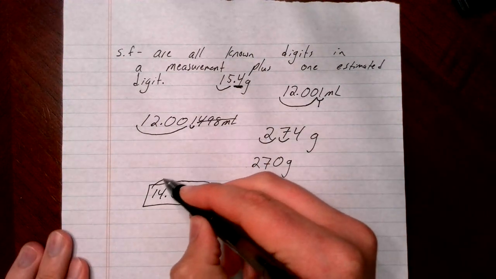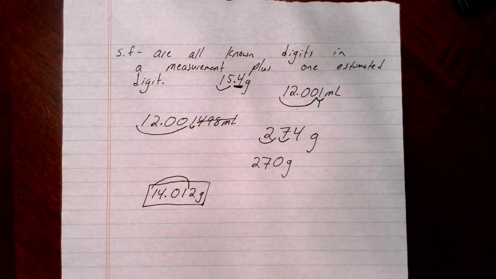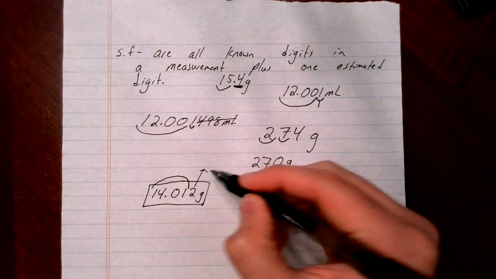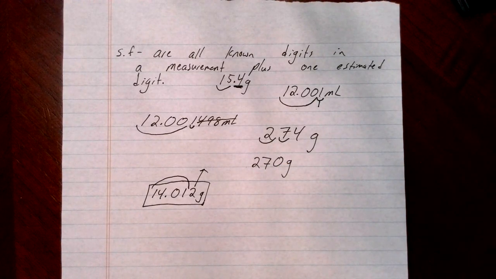The balance is telling us that the 14.01 is accurate, and the 2 is the estimated significant digit. But when we have non-digital equipment, like a ruler or a graduated cylinder, it's our responsibility to record the correct number of significant digits.